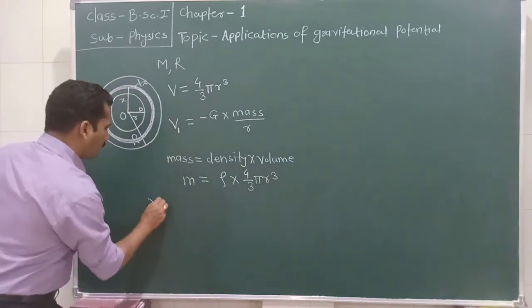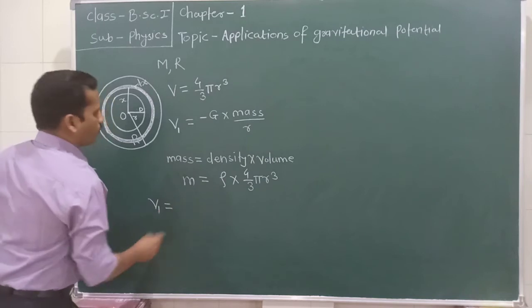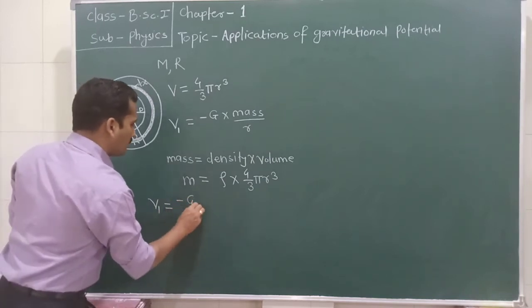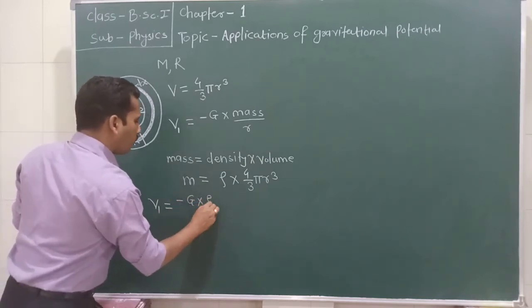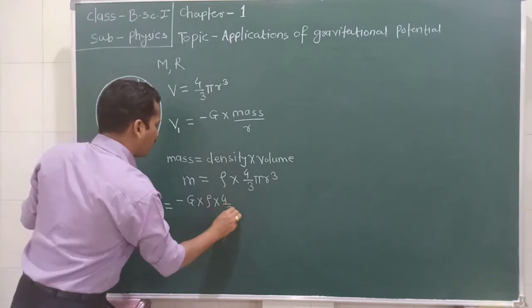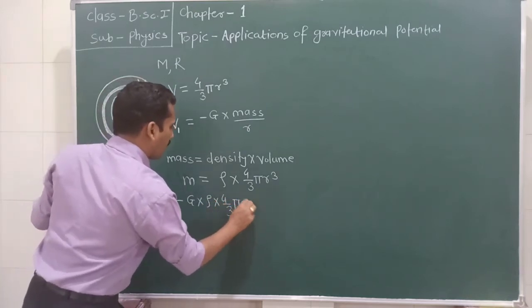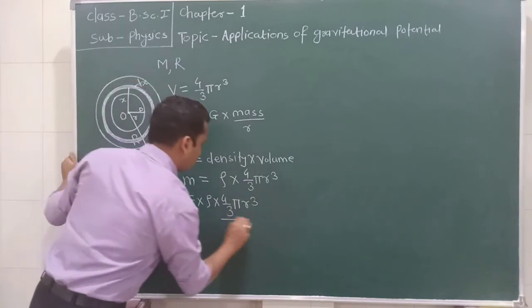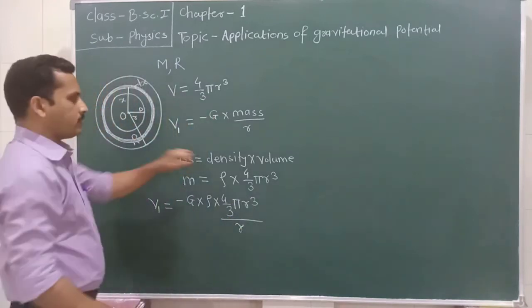Therefore, the potential V1 is equal to minus G into rho into 4 by 3 pi r cube, divided by this distance r.